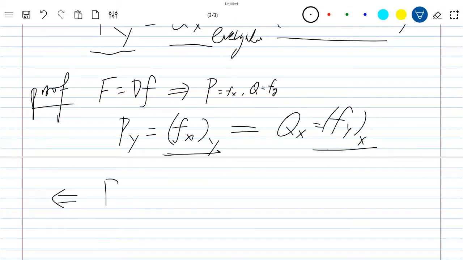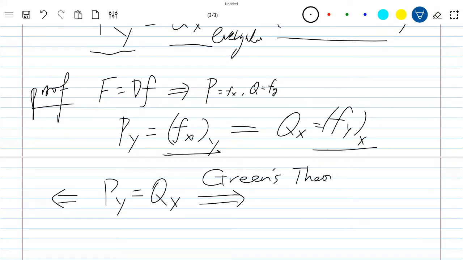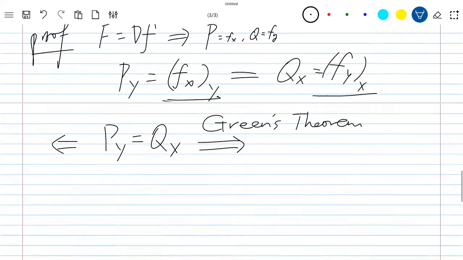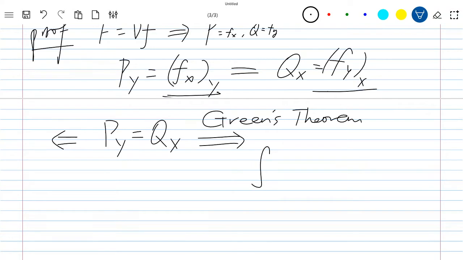if P_y equals Q_x, then we don't know that yet, but we will show next class that by something called Green's theorem, the loop integral of (P, Q) is always 0.